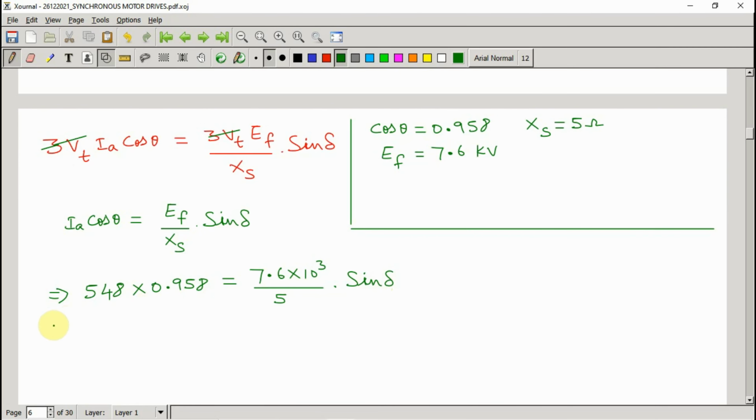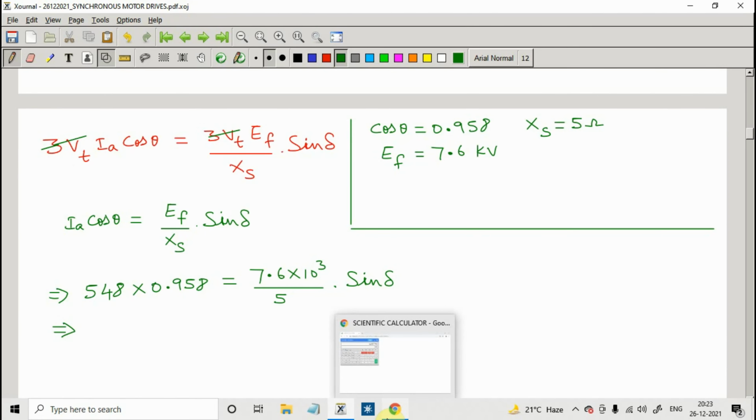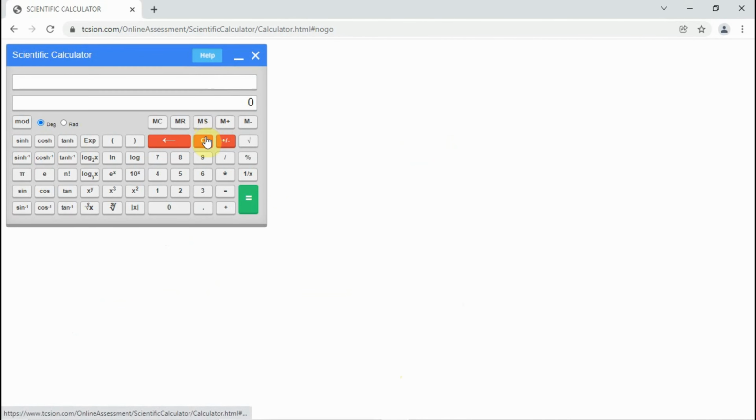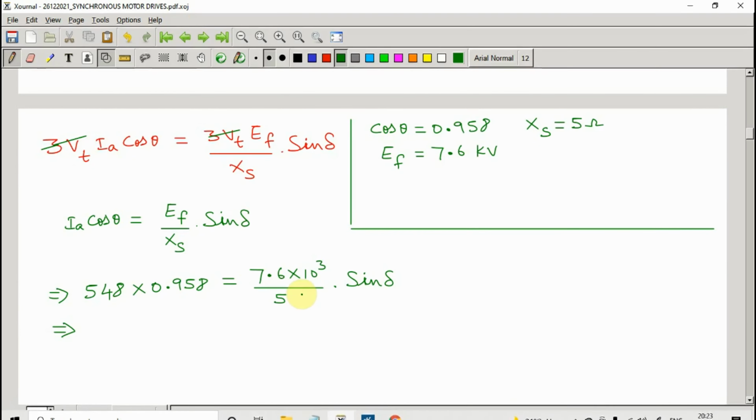Now by any means the value of sine delta has to be less than 1, that is known to all of us. So let us see what value comes. 548 into 0.958. Now this 5 will go to the left side, so it will be multiplied by 5.